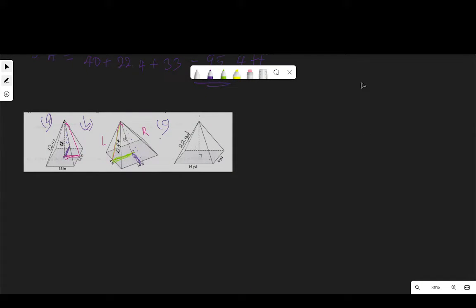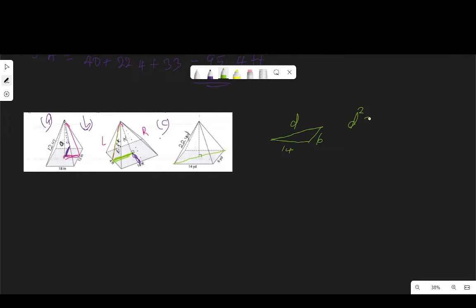So to get the height of the triangular faces, let's first of all get the base diagonal of this pyramid. This diagonal here. And apply Pythagoras. That would be this 14 here. This is it. And this side is D.